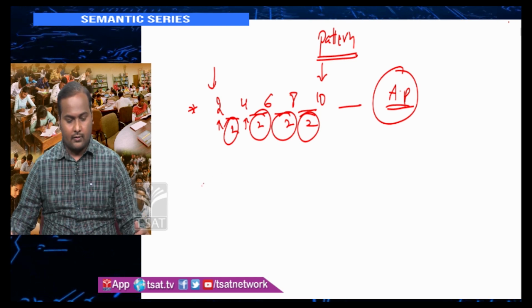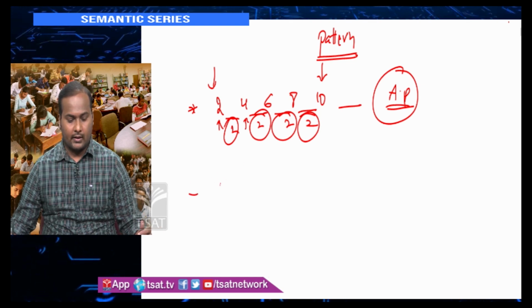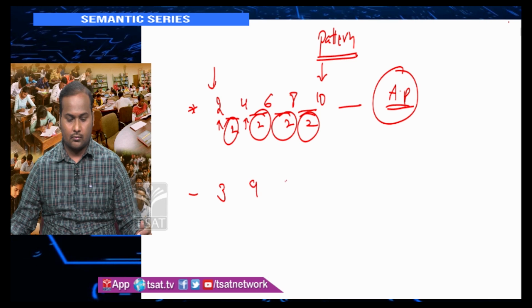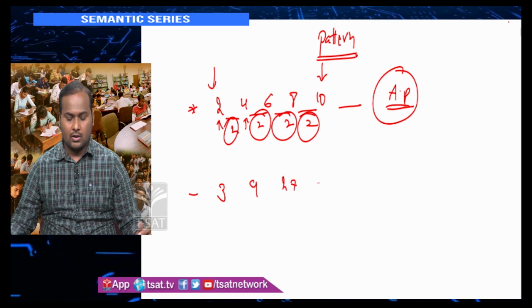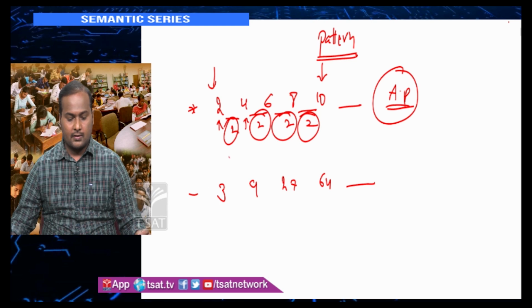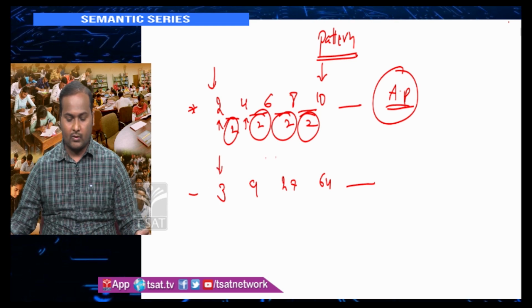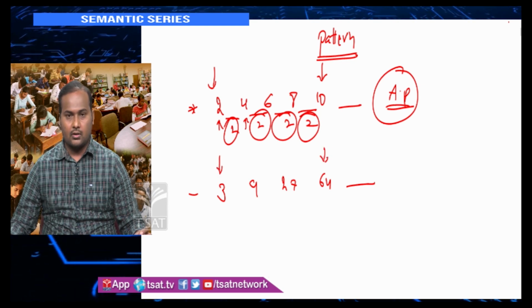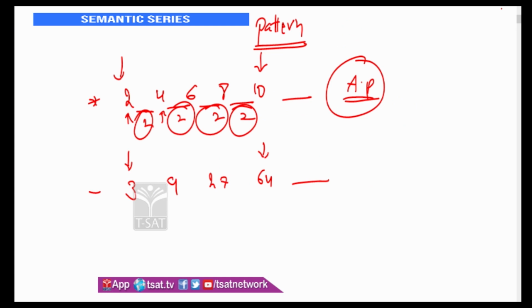For example, if some other series is like 3, 9, 27, 64, and the next one. The first number is 3 and the last number is 64. There is a huge increase from 3 to 64. Whenever we see such a big increase, obviously it is multiplication.